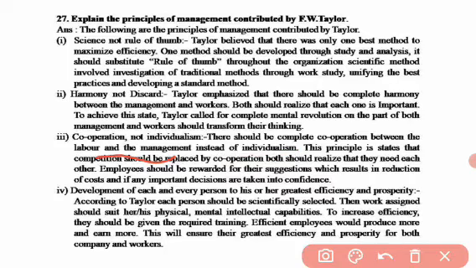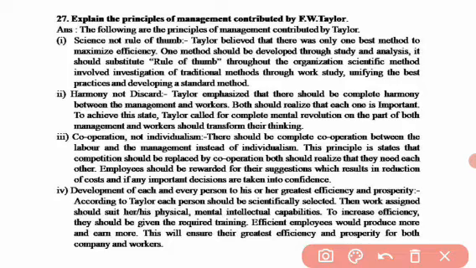So this principle states that competition should be replaced by cooperation. This is very important. Competition should be replaced by cooperation. So here both management and labor should realize that each has equal importance in business organization, and they have to take the decisions with confidence. This is one of the important principles.